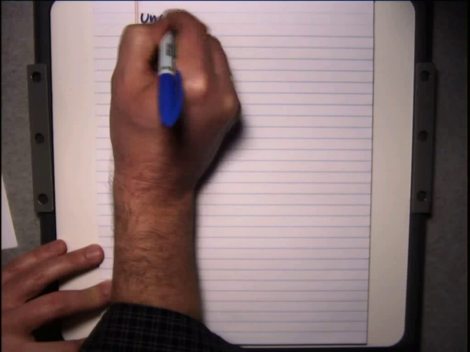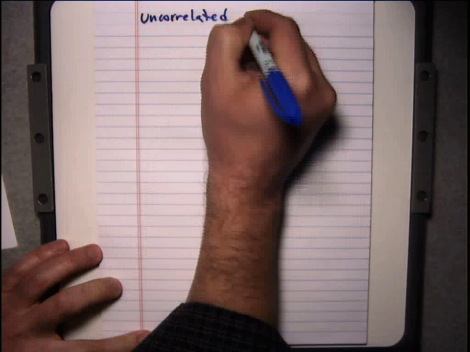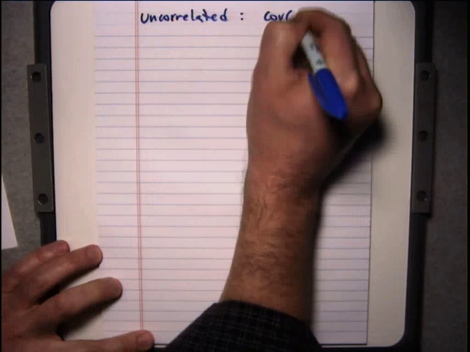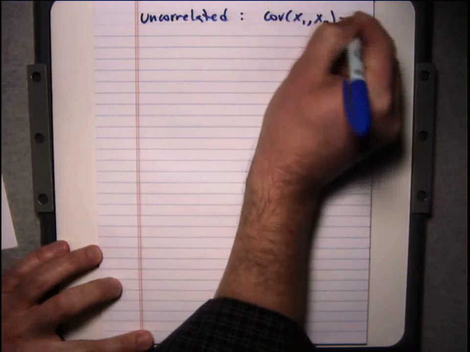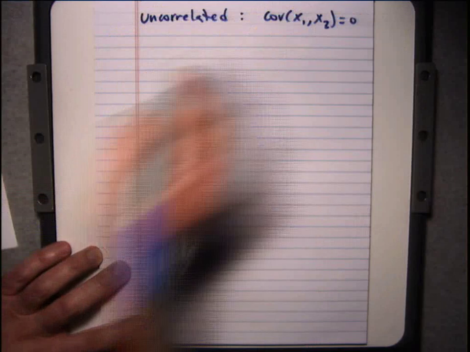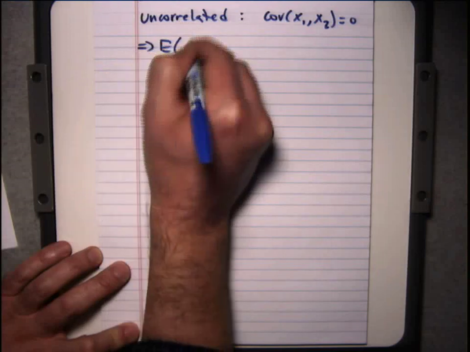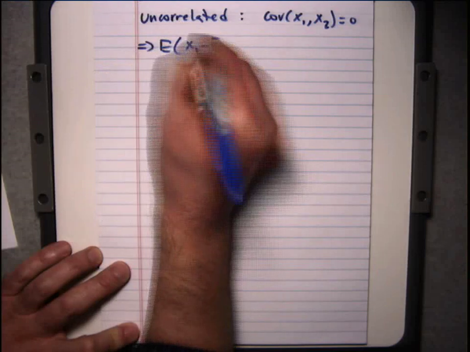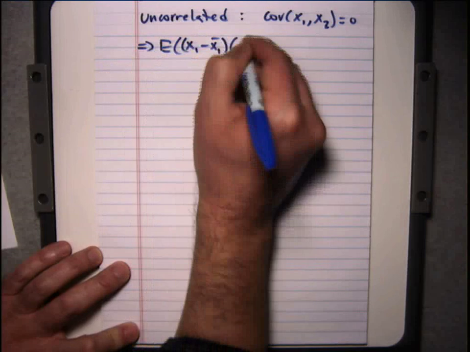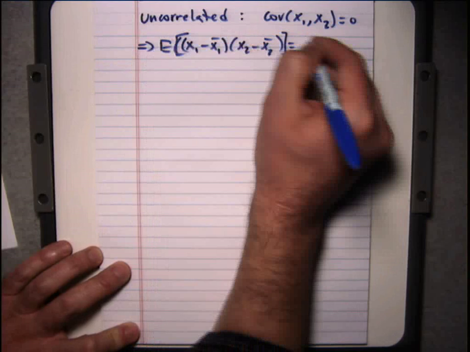So let's see, what does uncorrelated mean? Uncorrelated means the covariance of x1 and x2 is equal to 0. Right? That's the off-diagonal term that we just looked at. This simply means that the expected value of x1 minus x1 bar times x2 minus x2 bar is equal to 0.